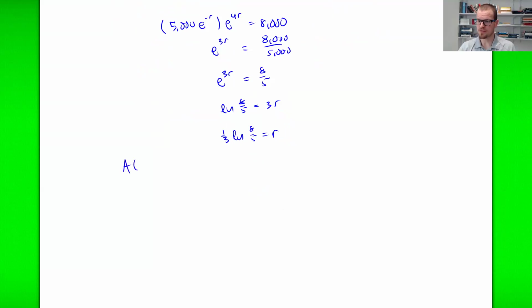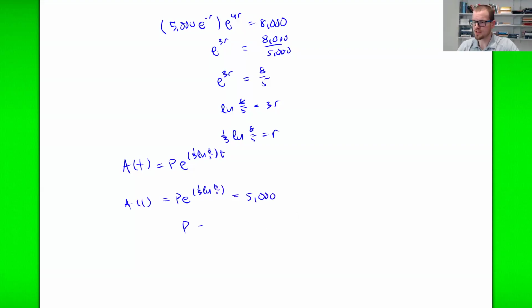Now I can use that growth rate to help me identify the initial population because, well, let's first write down what we have so far. A of t is equal to some initial amount times e to the 1/3 natural log of 8/5 times t. And I know that A of 1 is equal to that 5,000. So I'm going to be able to write this as P times e to the 1/3 natural log of 8/5 times 1 is equal to the 5,000.